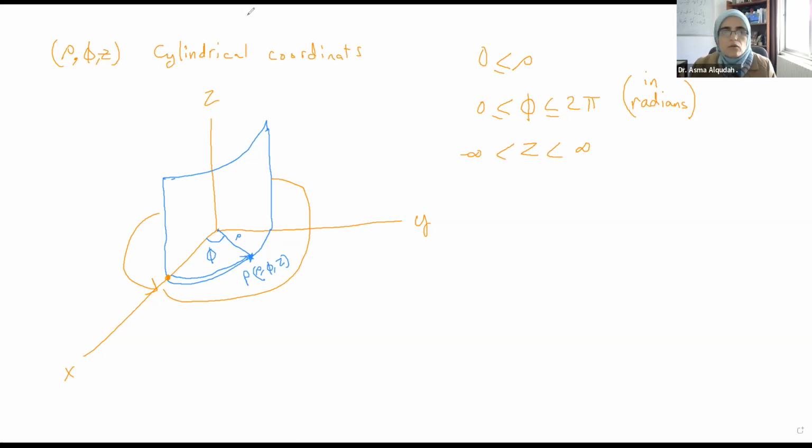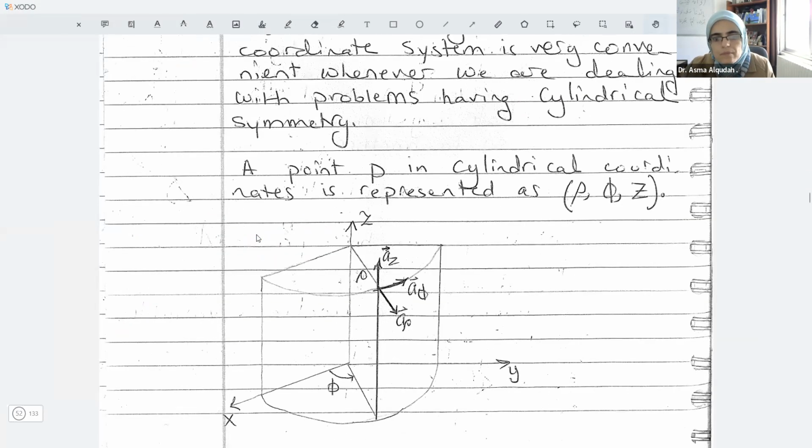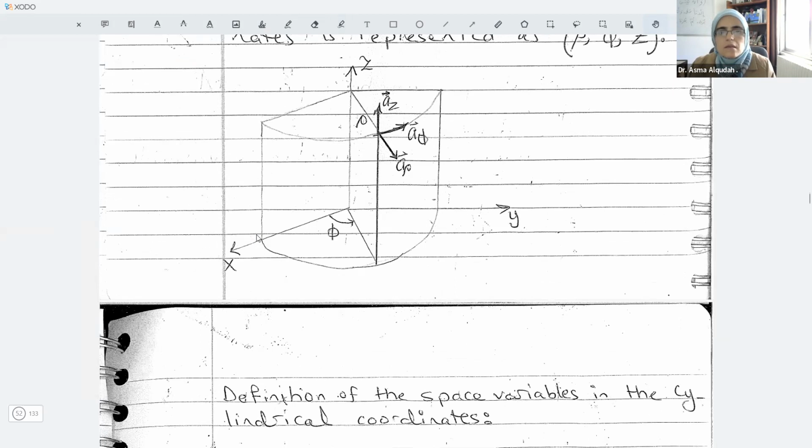Let's get back to the notes. Okay, so here in this diagram, we can see the directions of the unit vectors. So here we have the unit vector a sub rho.